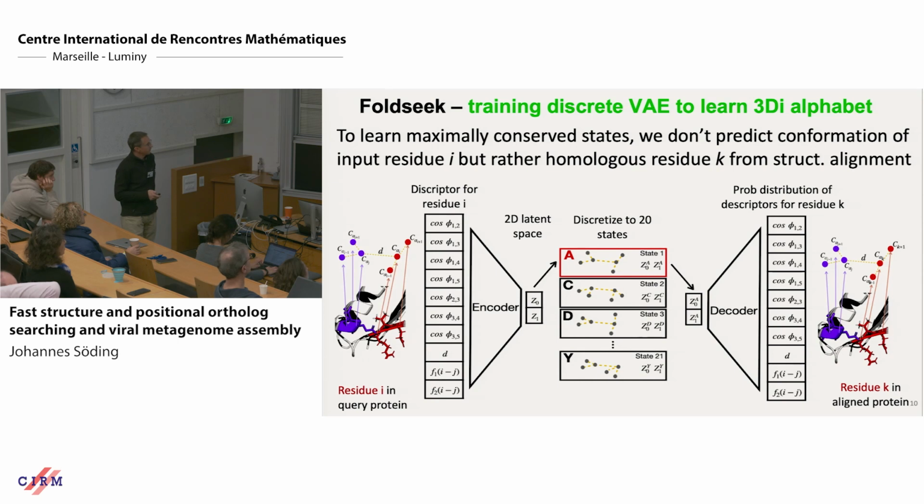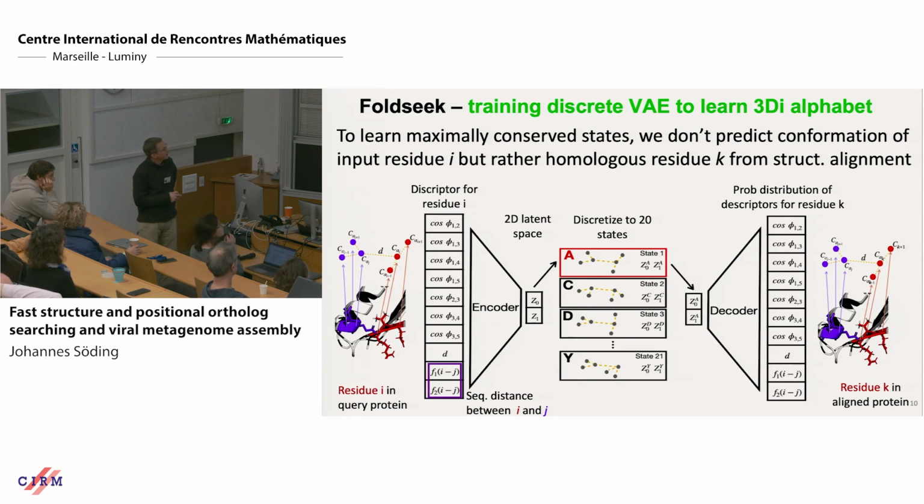So what we did here is that we used these pairs of aligned residues, I and K. One thing that I should point out is we don't only use geometric descriptors, we also use sequence distance. These are just 2 monotonous transformations of the difference between the index I in the red one here and the index J, the blue one.